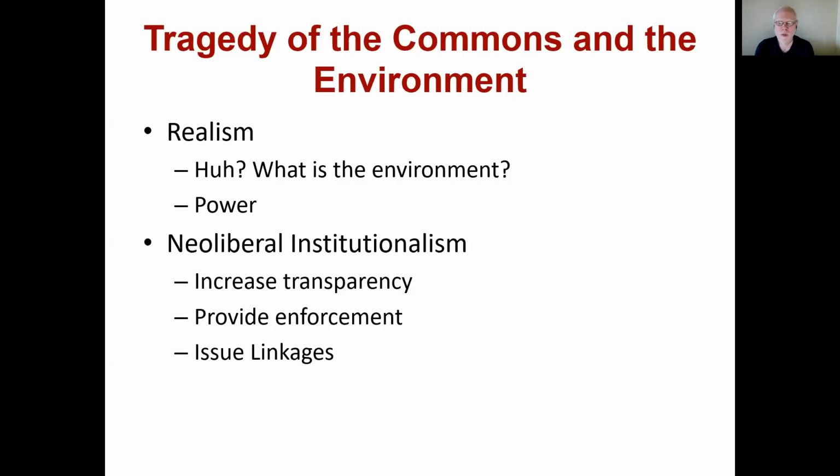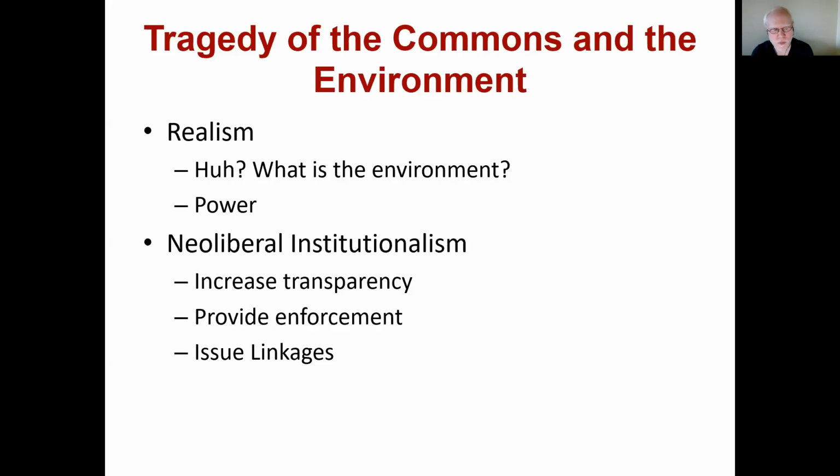As we start to talk about the security side, and as the environment can lead to conflict, this will start to change, possibly, because it starts to be the source of military conflict. And to the extent that realism would look at the tragedy of the commons, they would look at the exercise of power in solving it, right? So different states have different power, and who gets to cheat to a certain extent will depend on their power.